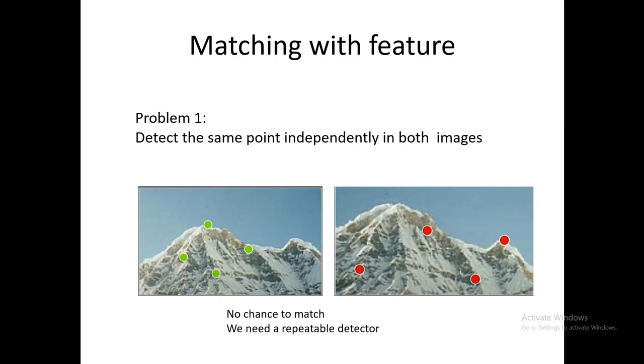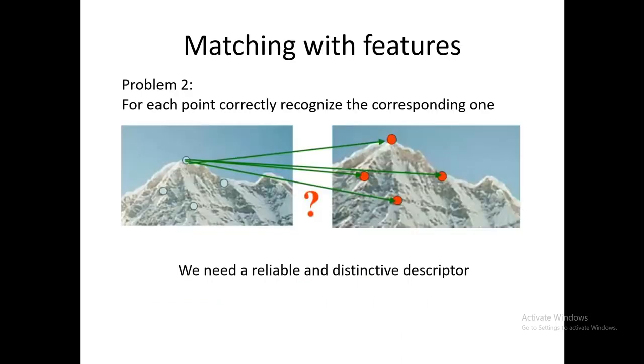And the second problem is, let's assume that the points on the left are somewhere on the right, and I found four points, the same as in the first image. For each point, we should correctly recognize the corresponding one.